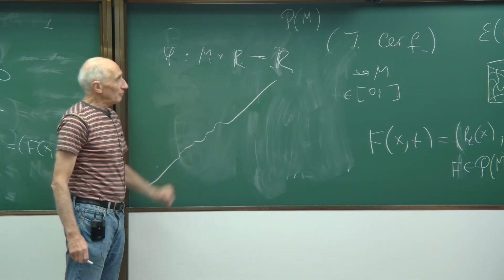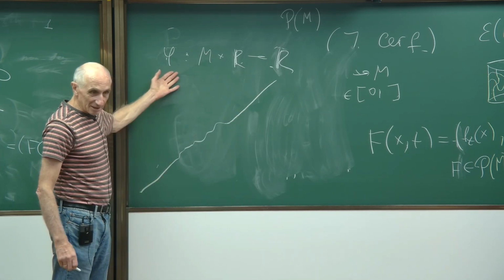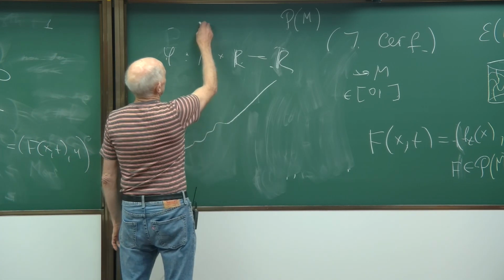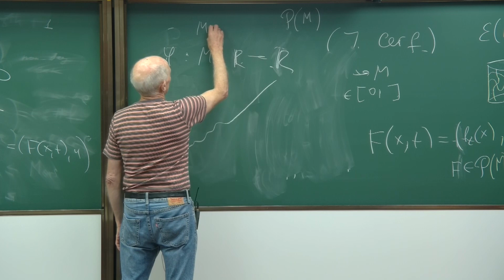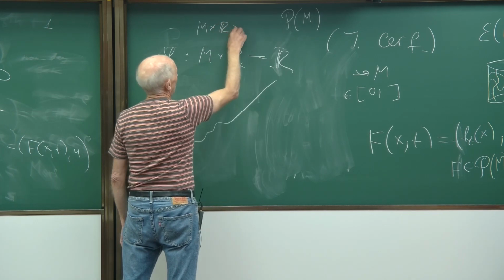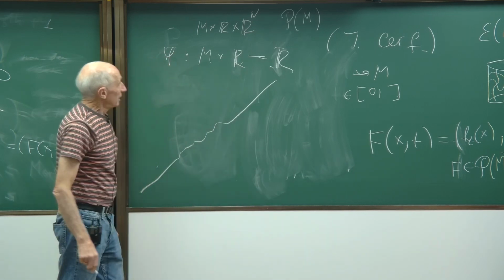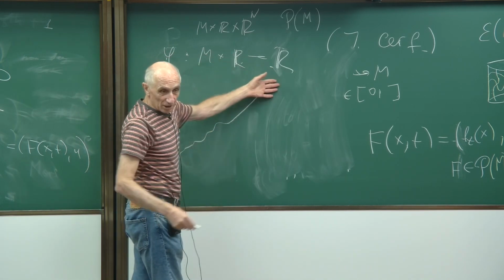So this is the unstable isotopy. But now instead, I write this as a function on m cross R times R^n. Let's call this coordinate t, this coordinate y, and this coordinate x.